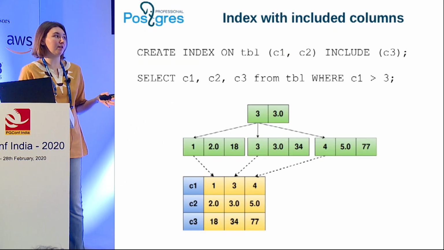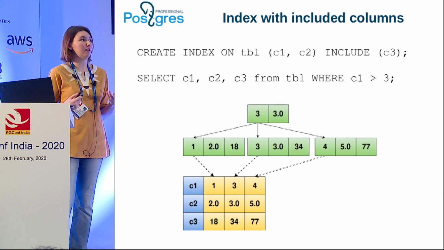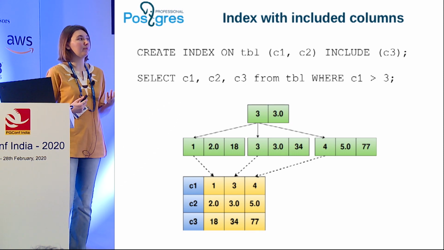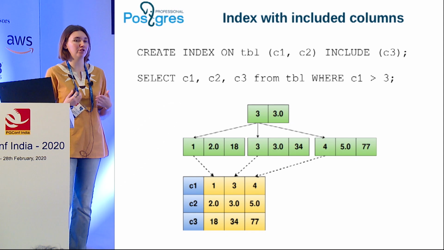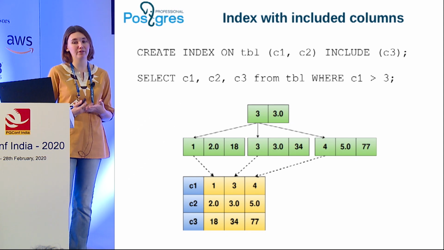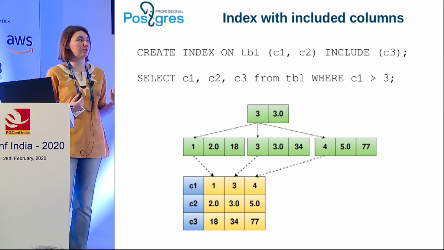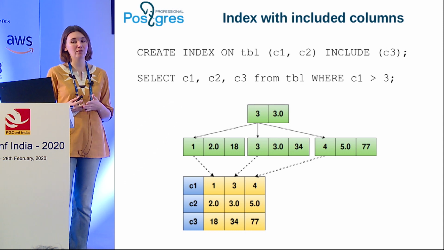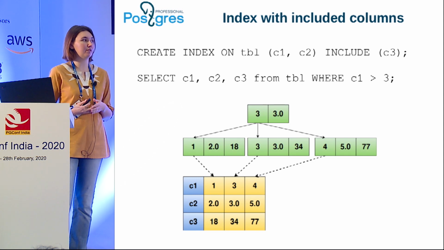So here comes the new feature. It's called index with included columns, with the keyword INCLUDE. And it allows you to combine those 2 indexes into one, to merge them into one physical index. So you can create a unique index on these 2 columns, and also include some payload column with the INCLUDE keyword.